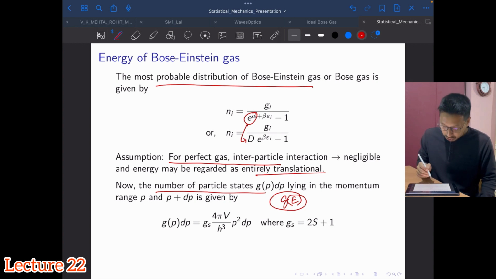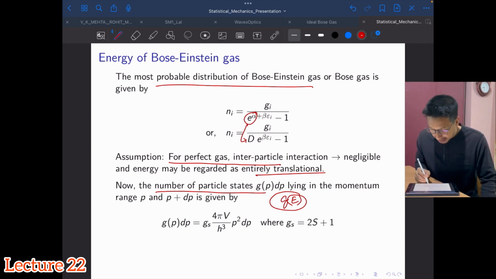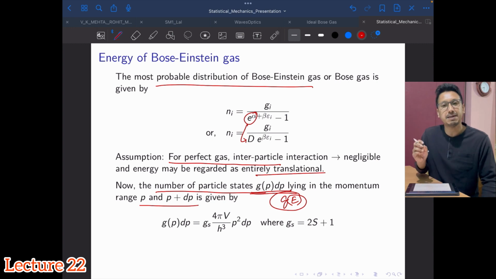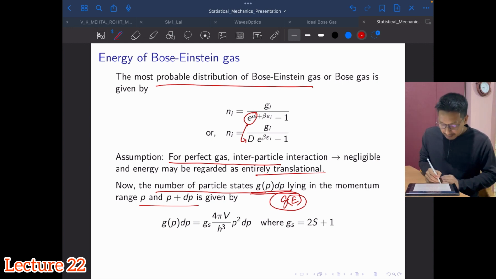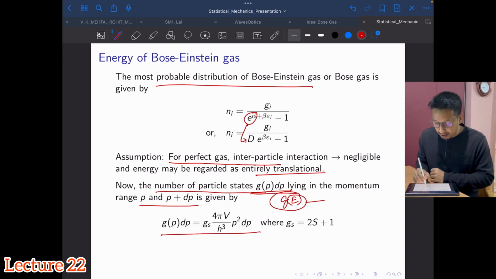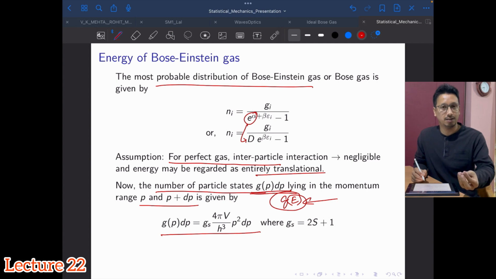So G of P dP represents the number of particle states lying in the momentum range P and P plus dP. While calculating the number of states for the energy range E and E plus dE, we have used these expressions.